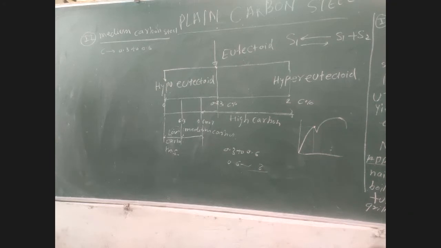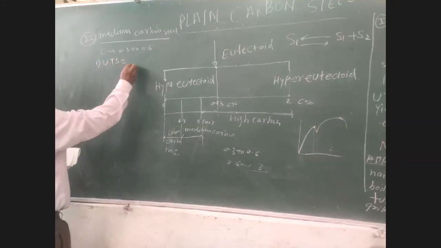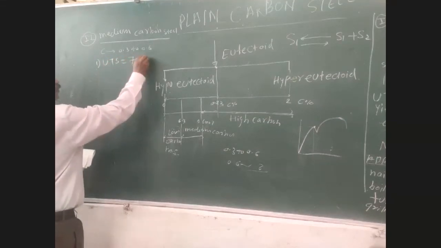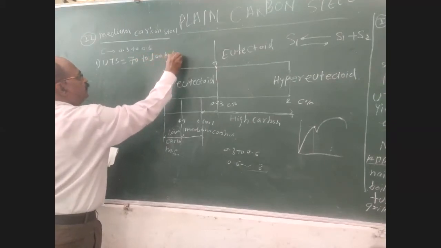The mechanical properties here are tensile, yield and elongation. First, ultimate tensile strength: this is 70 to 100 kg per mm square.